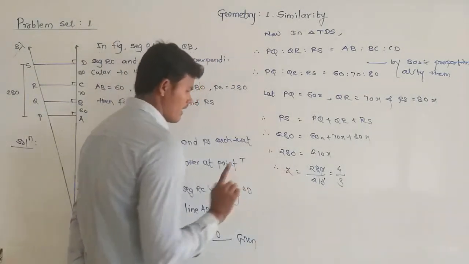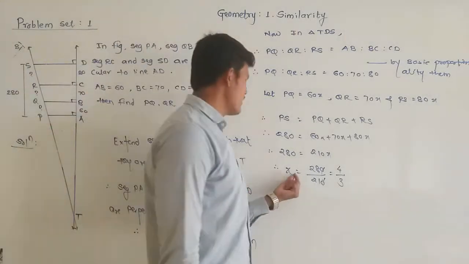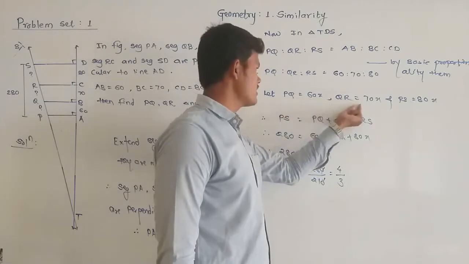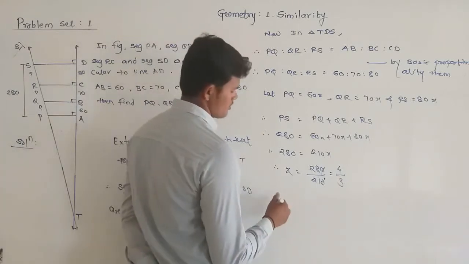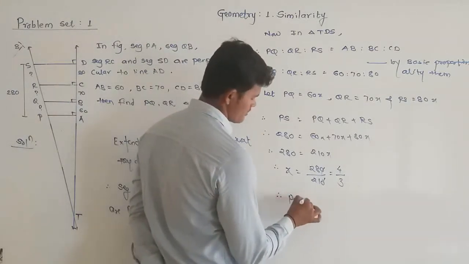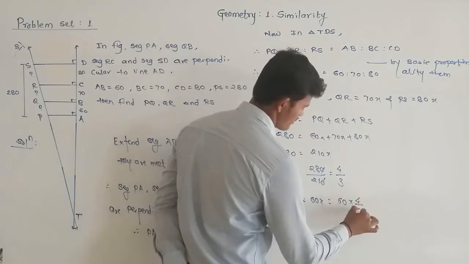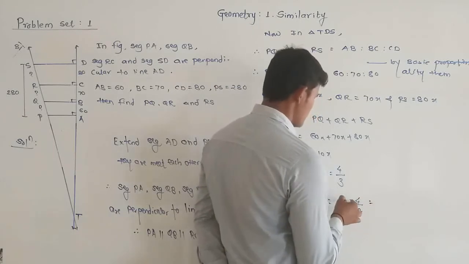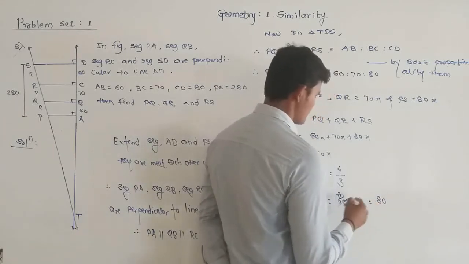Now, finally, we have to find the lengths of PQ, QR and RS. Now we have the value of x. So the length of PQ is 60x, QR is 70x, and RS is 80x. So PQ is 60x, where x is 4 upon 3. After multiplying, we get 80.